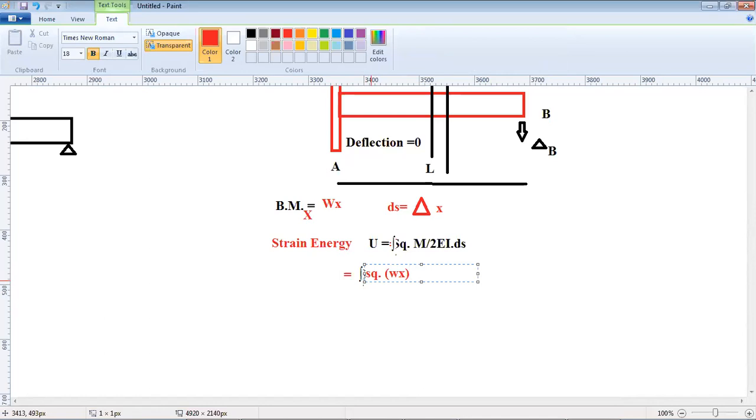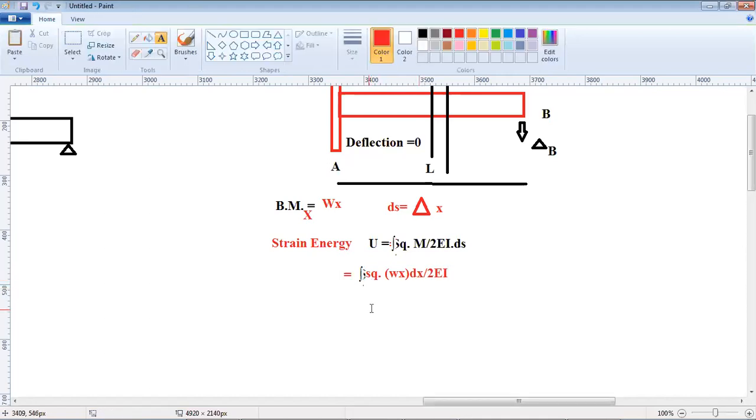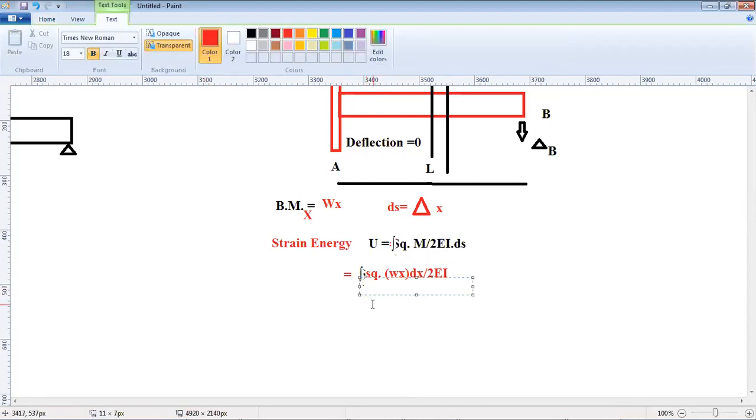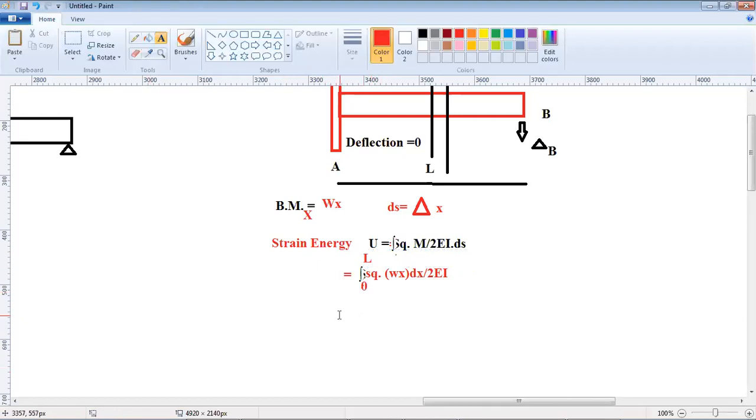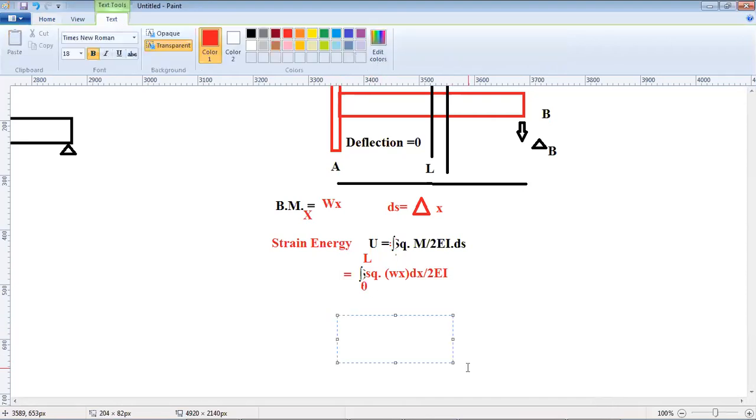Then you have ds is dx, divided by 2EI. Now this is integrated from 0 to L. So the overall equation would turn out to be, if you integrate it, the square of W into cube of L, L cube, divided by 6EI.